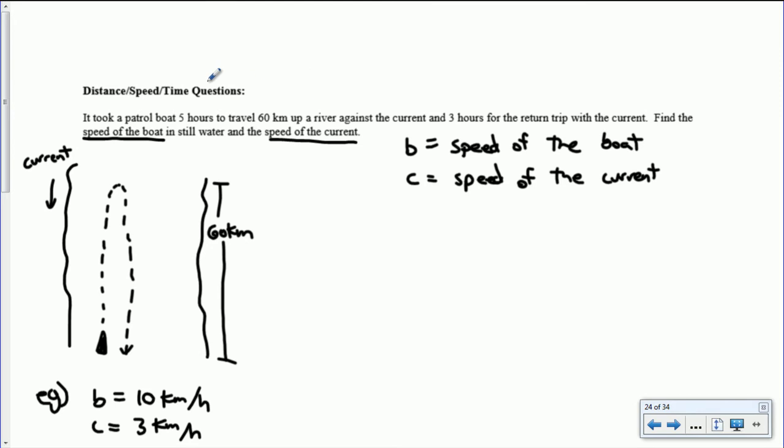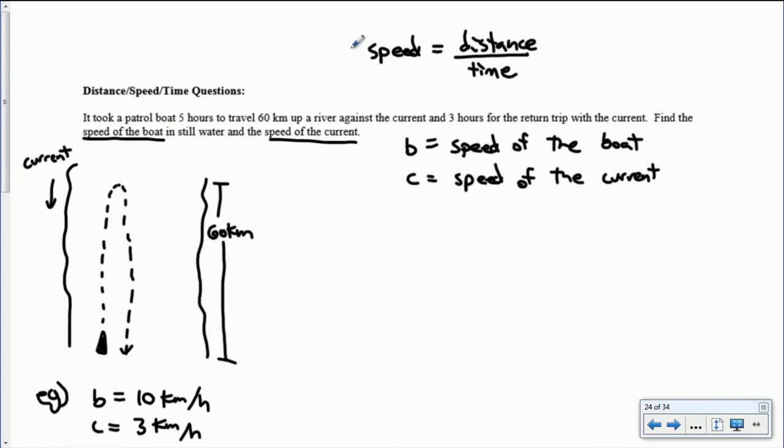We're working with speed, time, and distance. The way they are related is speed is equal to distance over time, so kilometers per hour. Alright, so 60 kilometers, 5 hours.